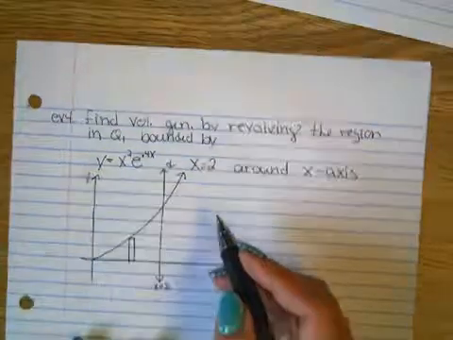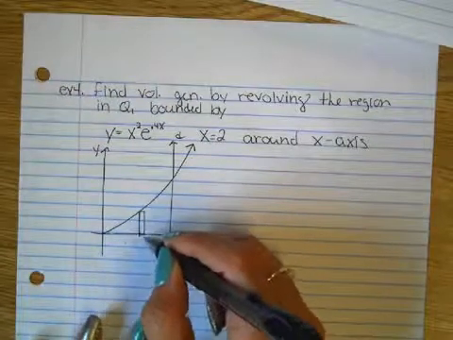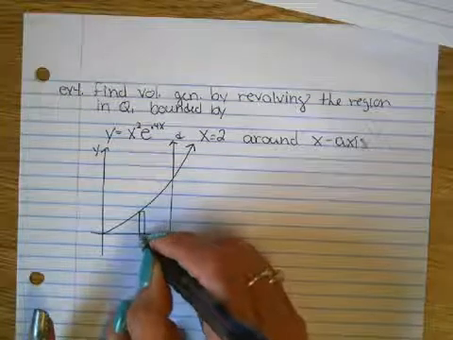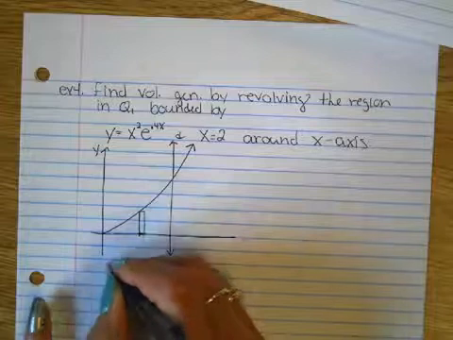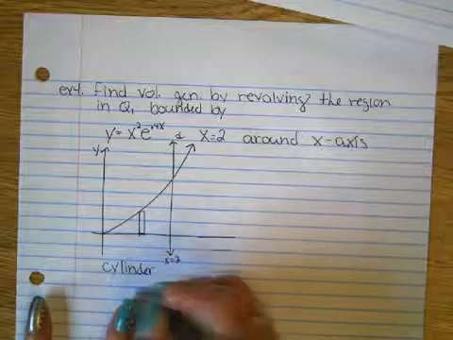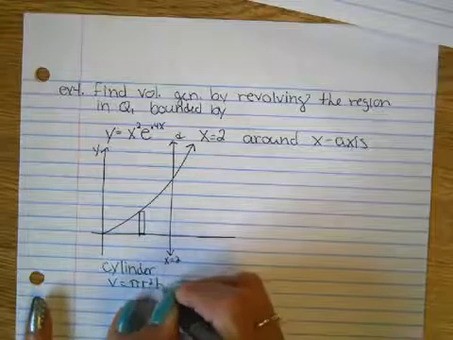And if you remember, it hasn't been that long, when it's perpendicular to the axis, it's either cylinder or washer, and because your rectangle touches your axis, this is cylinder. So we are going to do cylinder formula, which volume is pi r squared h.